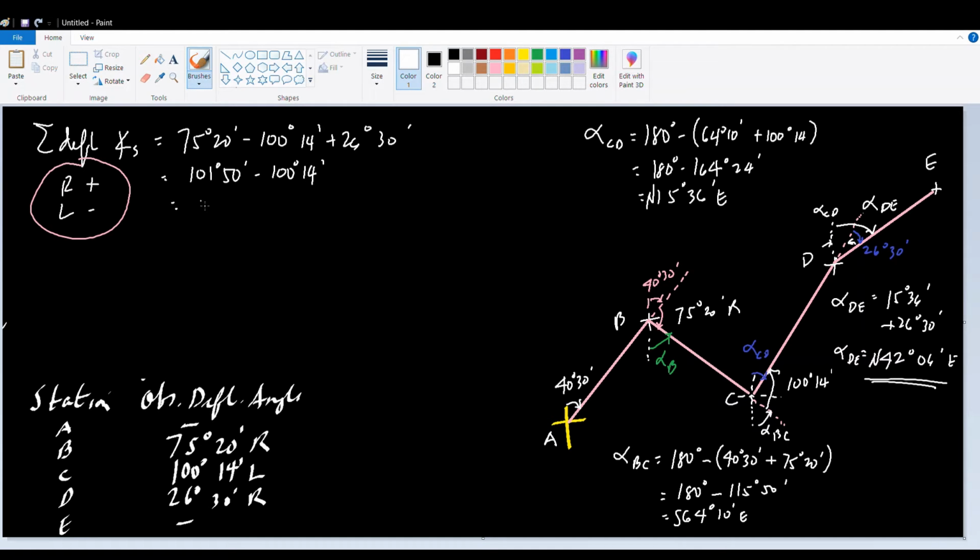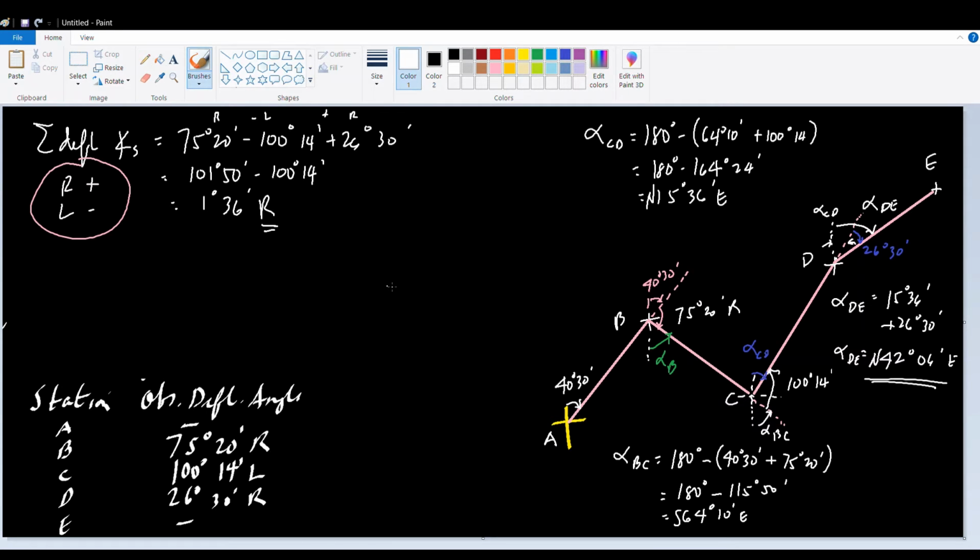So that gives me 1 degree and 36 minutes. Or should it be 46? 36, right? 36 minutes. And that is net what? Net right. Right minus left plus right. So positive, so it is net right deflection angle.